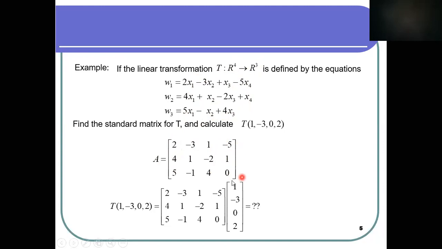This is the matrix of the transformation, and if you want to calculate the image of (1, minus 3, 0, 2) under this transformation T, you just multiply this element with this matrix. Then you get a 3 cross 1 column vector as output, which will be in R3.